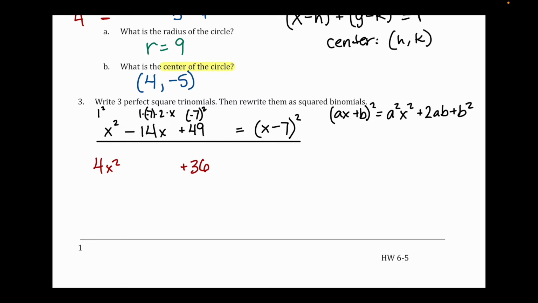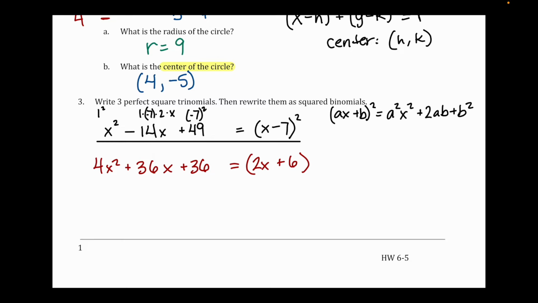So 6 times 2 is going to give me 18, times 2 again is going to give me 36. So I'm going to have 36x in the middle here. And let's make this one positive. So what this factors out to be, I wanted my first term to be 2x, and then my last term here is 6.